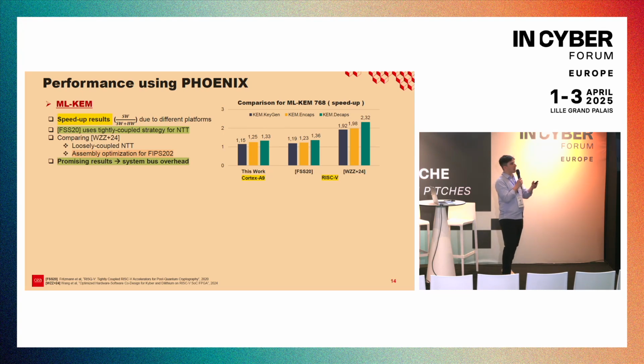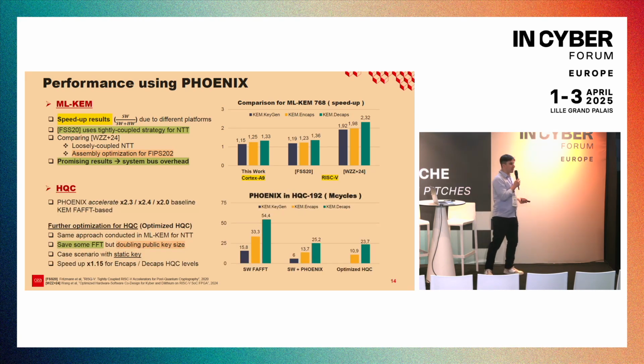Then we compared our solution with the second reference, and what we can see is that the second reference has a better result due to the fact that they also integrate some assembly optimization of the FIPS 202 function, which, as we have seen during the first part of the presentation, is the main bottleneck of ML-KEM.